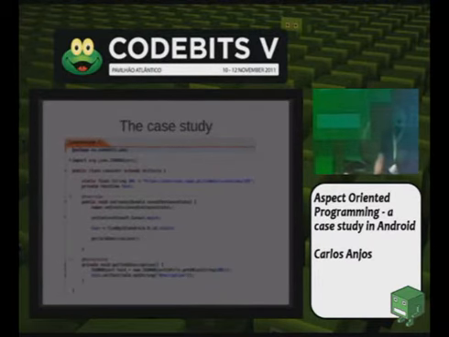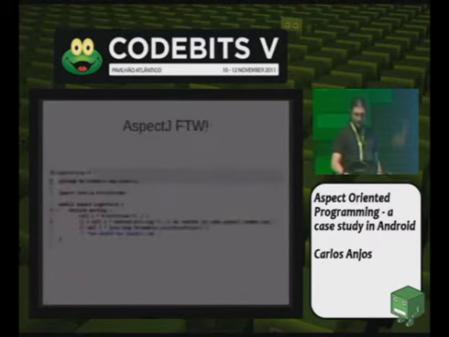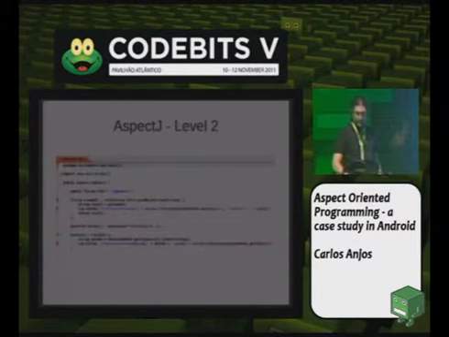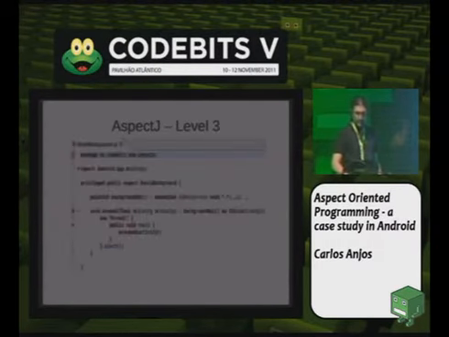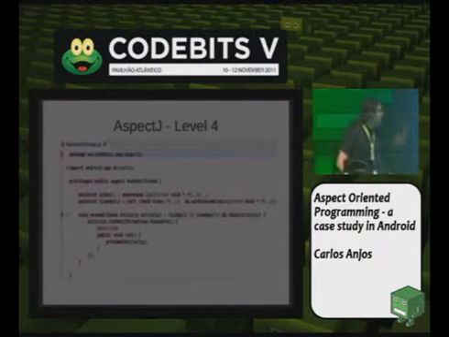With another aspect. And this is bordering on inception. So we run an aspect inside an aspect. So basically that's what I'm doing here. There's a method called runOnUiThread that takes a runnable and does something on the UI thread.